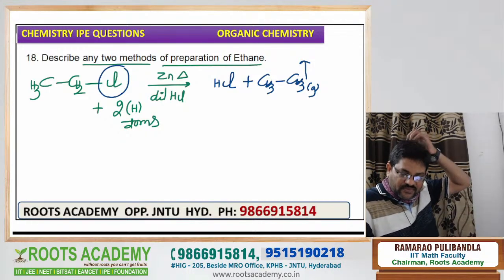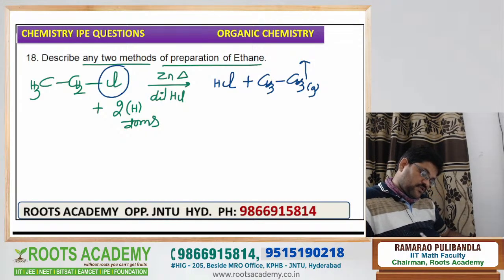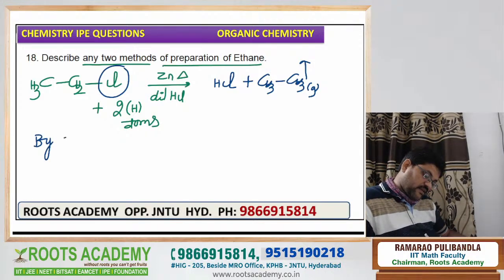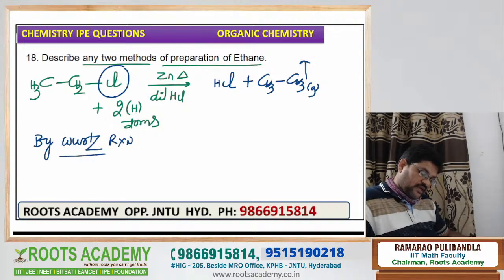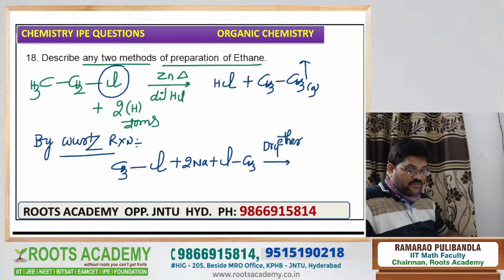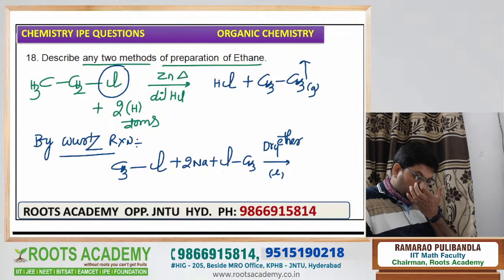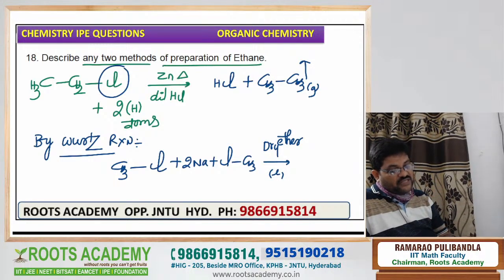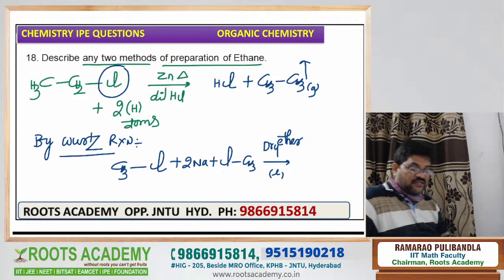Clear? Take one more example: by which reaction can we prepare ethane gas? Take methyl chloride, two moles, reacting with sodium metal in the presence of dry ether as solvent.